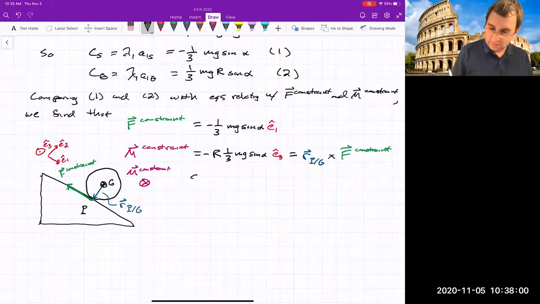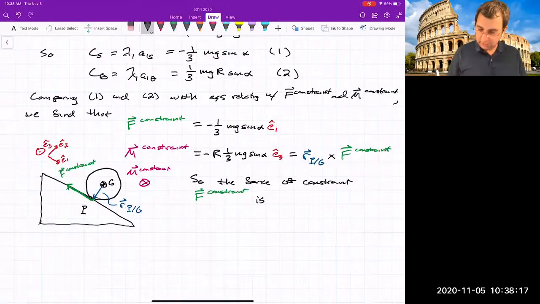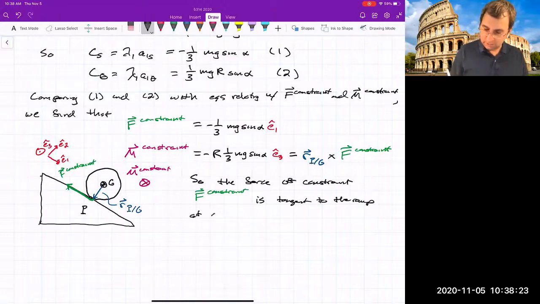So the force of constraint, F constraint, is tangent to the ramp at the contact point.